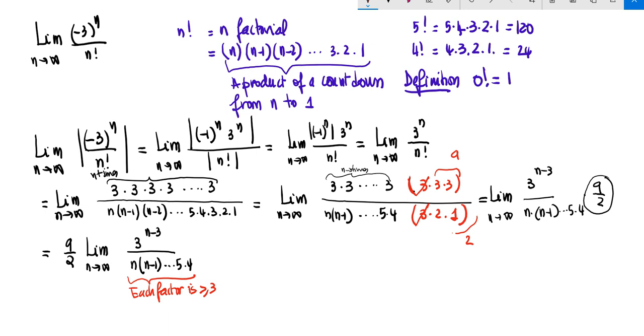However, the denominator is growing to infinity much faster than the numerator is going to infinity. So this thing here will go to 0. So we'll get 9 over 2 times 0, which will be 0.